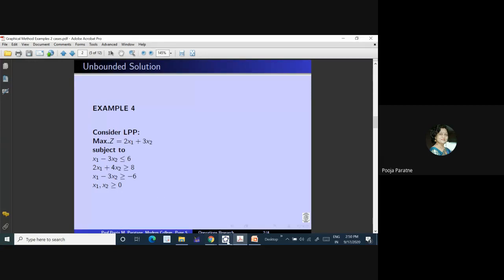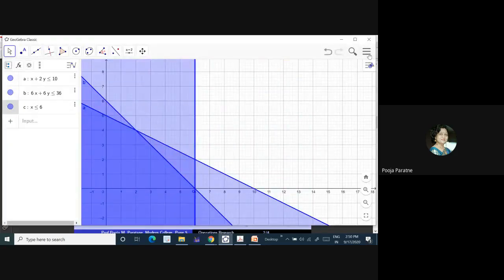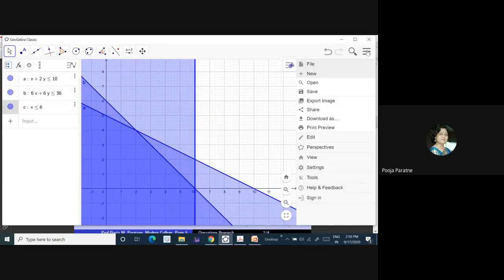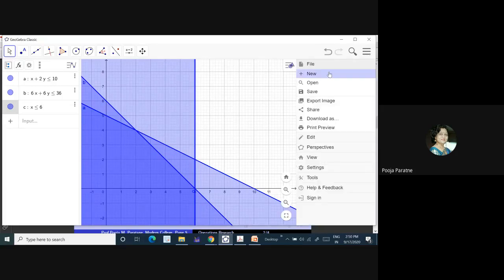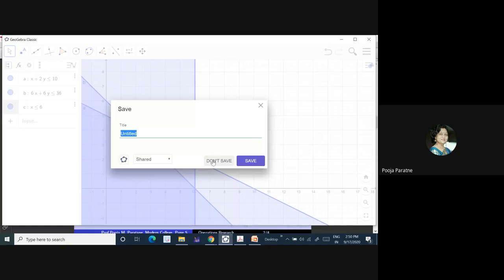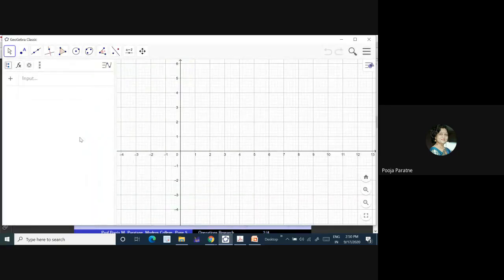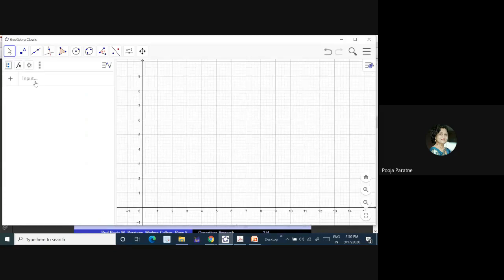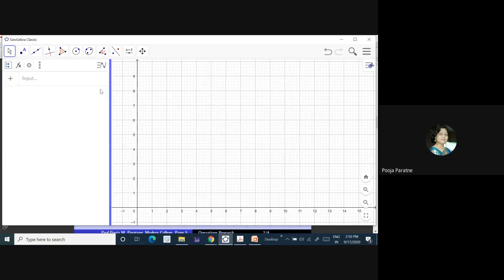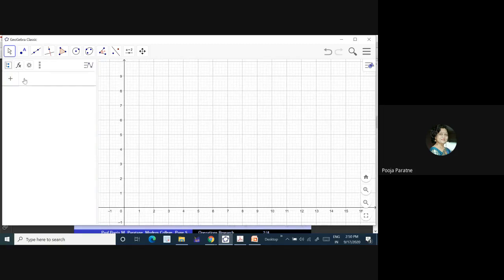So now let us go to the graph. Let us start a new graph. Okay, so my first constraint is a little bit small. We will adjust this so that we can see the graph properly.